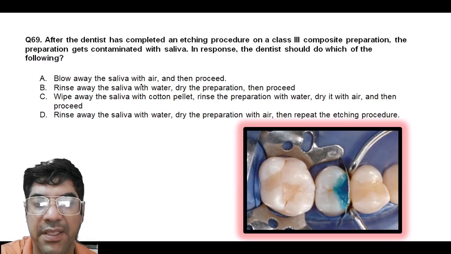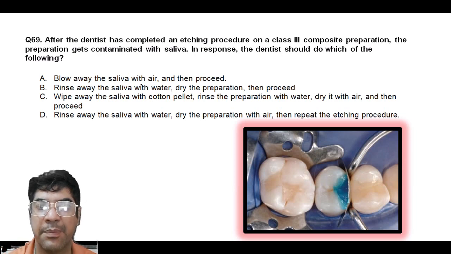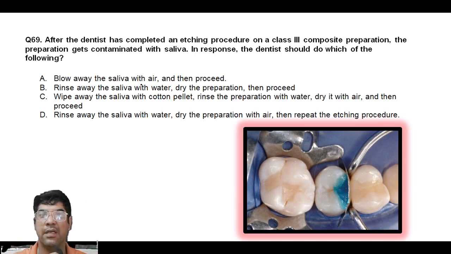After the dentist has completed an etching process on a class 3 cavity composite preparation, the preparation gets contaminated with saliva. So the dentist should re-etch. The answer is D. Saliva contamination of etched enamel results in precipitation of salivary glycoproteins.